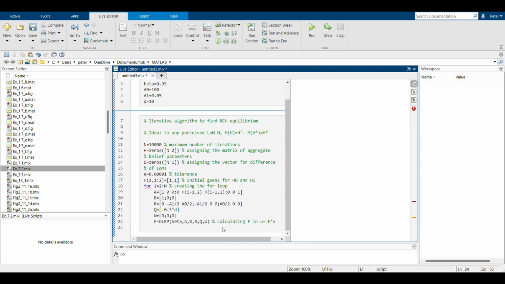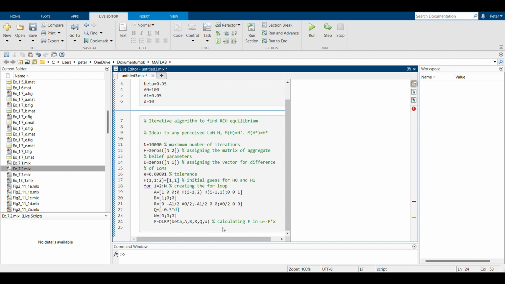We will have a belief function, a perceived law of motion. On this basis, we will have an actual law of motion, and we will check if the perceived law of motion implies itself.